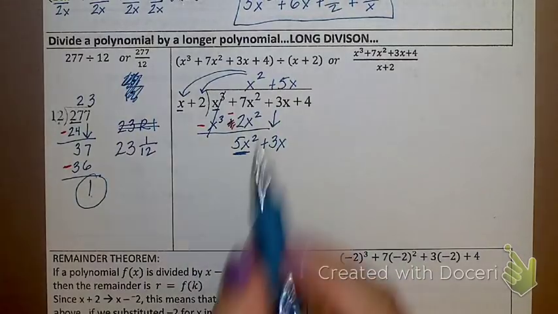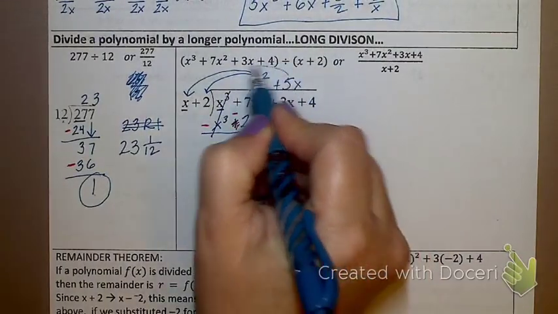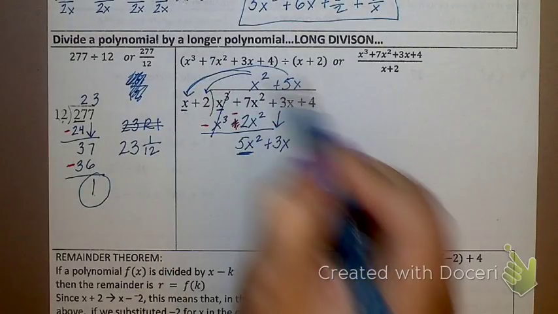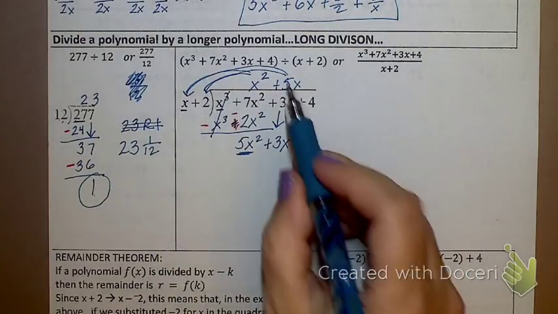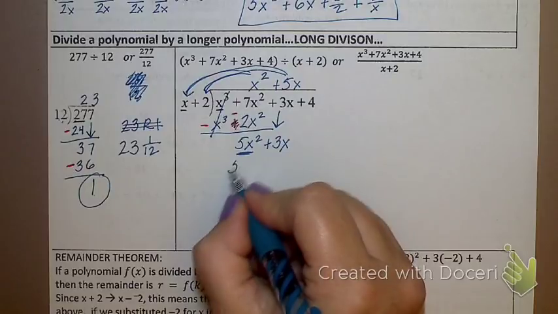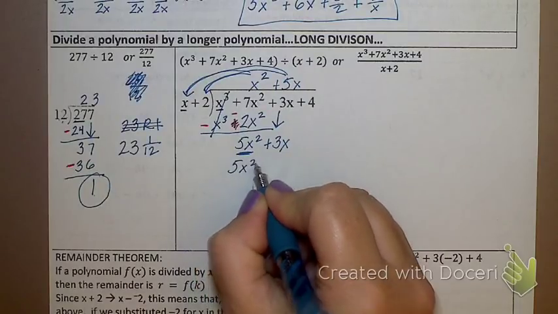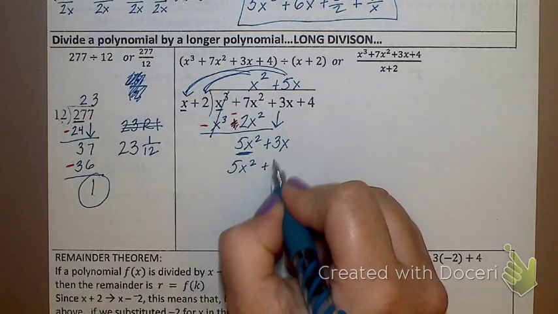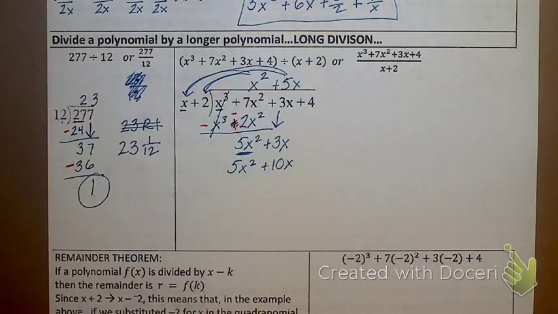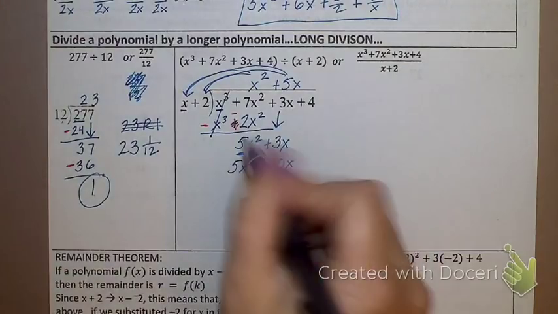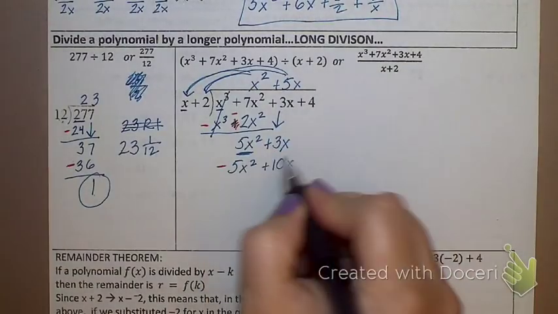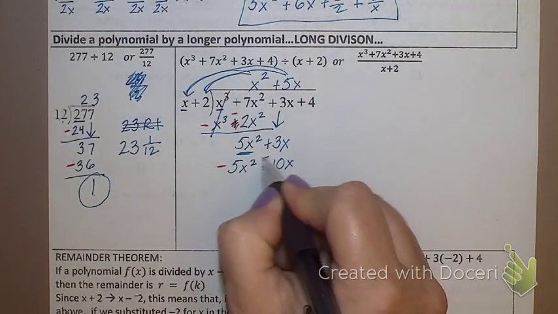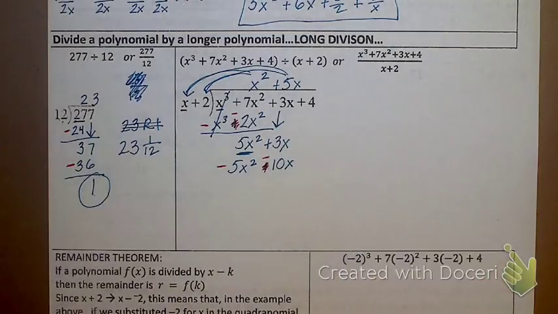What do I do with it? Distribute it to there and there. So 5x times x is 5x squared. 5x times 2 is 10x. Now I'm going to subtract, and by subtracting I change my signs. That becomes a negative. This becomes a negative.